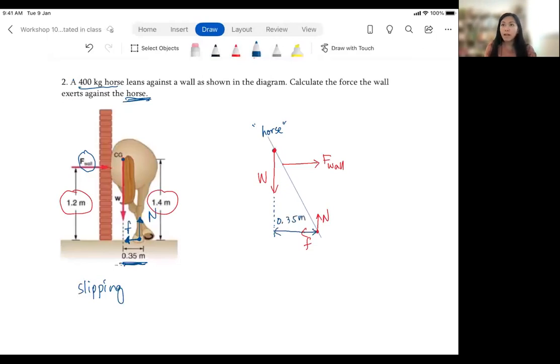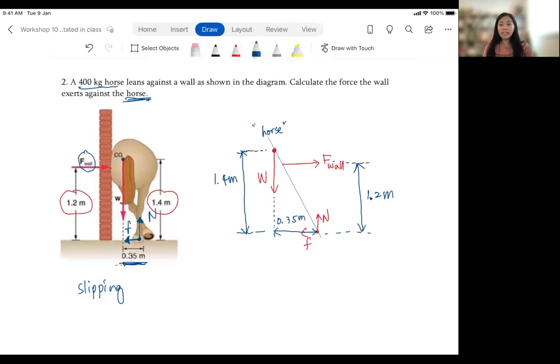Okay. The force from the wall to the ground, this one to the ground, this is 1.2 meters. And the center of gravity or center of mass where the weight is acting is 1.4 meters from the ground. Okay, so that's your free body diagram with the distances indicated if you want to draw that.